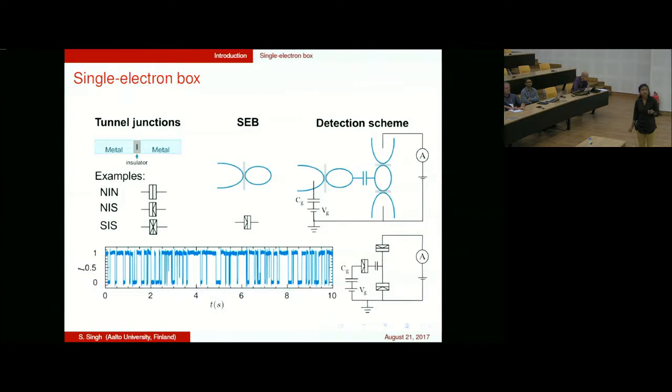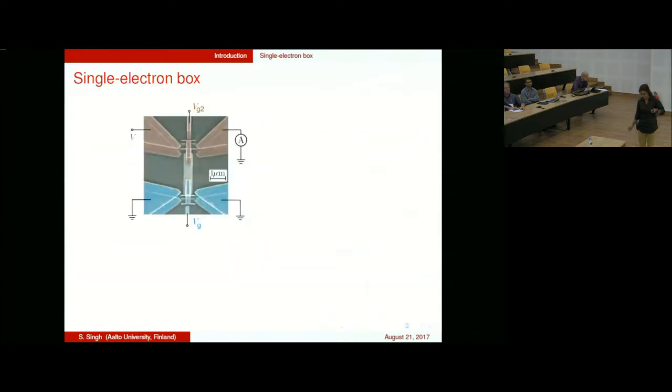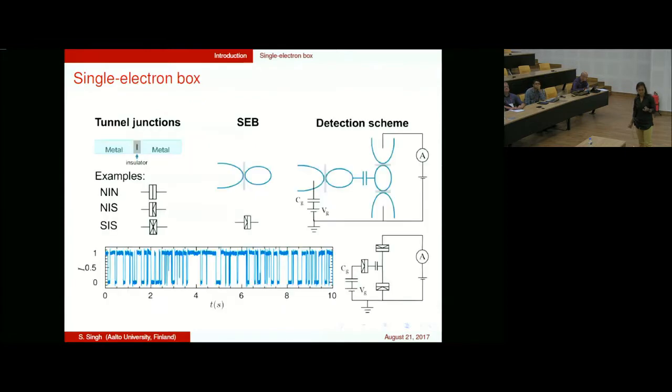Next is my device, how it looks through a microscope. This is a 1 micrometer scale here, and the upper part and lower part don't look much different, but the way we make the connection makes a bit of a difference. Ideally they both are SETs, single electron transistors, which is the thing I had there.